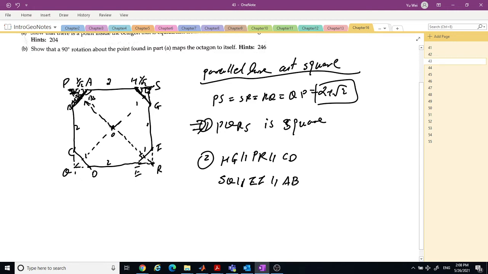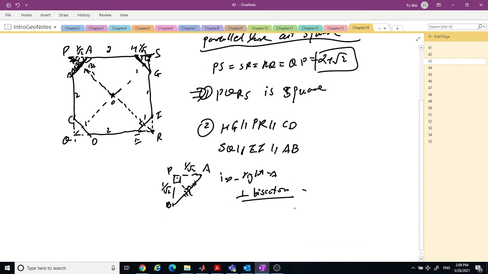They are 90 degrees. Let me draw this triangle to show you here. It's PAB. So PAB is 45, 45, 90 degrees. So this is an isosceles right triangle, right? So now you can see if this is the height, it will also be the perpendicular bisector, right?